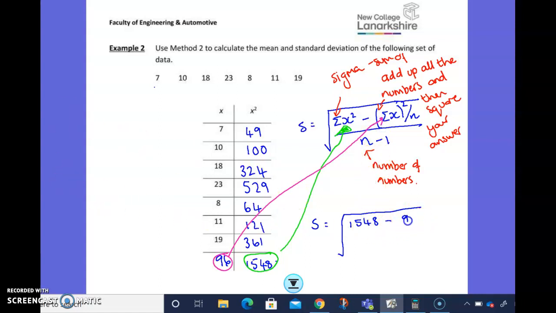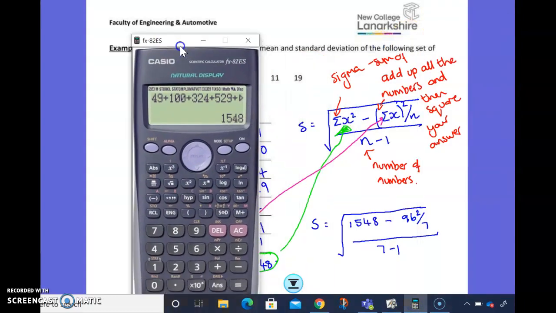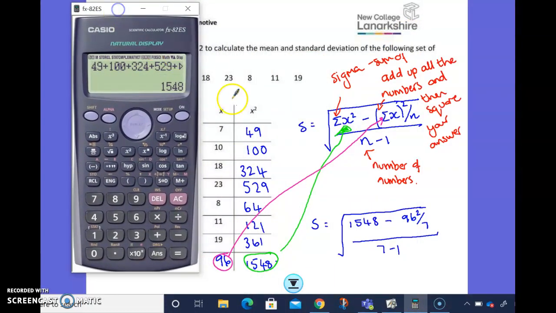So we need to do 96 squared divided by n, which is how many numbers we've got. 1, 2, 3, 4, 5, 6, 7. So 96 squared by 7, all over n minus 1, so 7 minus 1. If you've got a good scientific calculator, you can do this top line in one go on your calculator. Check it on your own calculator.